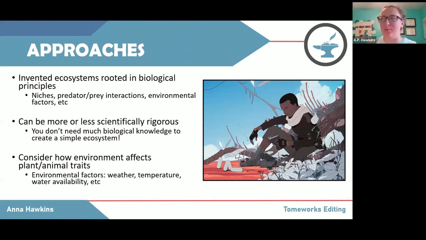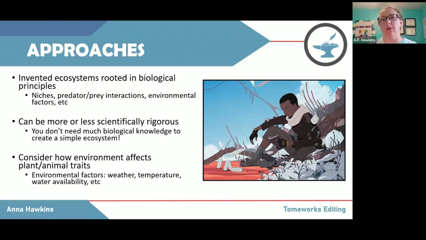And obviously we've built systems to separate us from nature, but we still have to deal with, and we see every day, how different animals, different humans interact with each other, and how that affects behavior, and how weather can affect behavior, and how geography can affect behavior, and the things that you need to wear, or the kinds of animals that live in those places. You see that every day. We're inundated with that every day, even if we're not outside all the time. So you don't need much biological education in order to create a simple ecosystem.